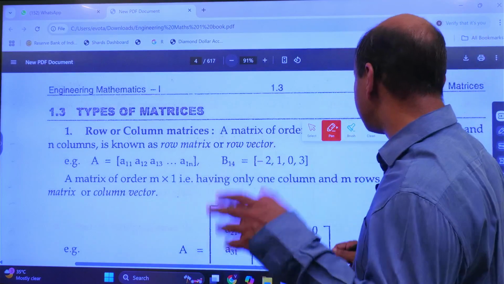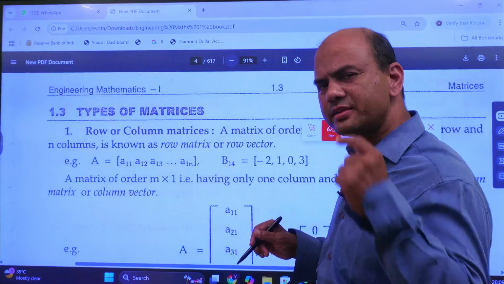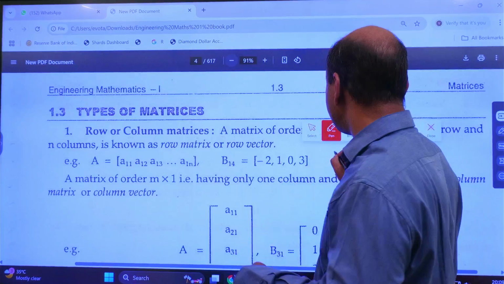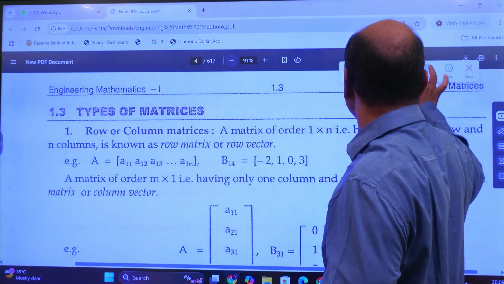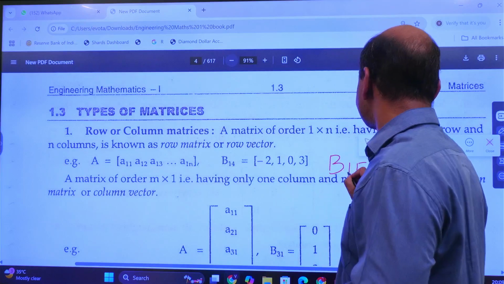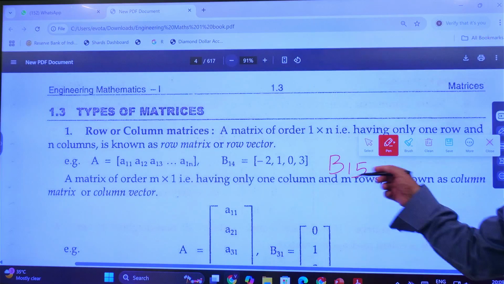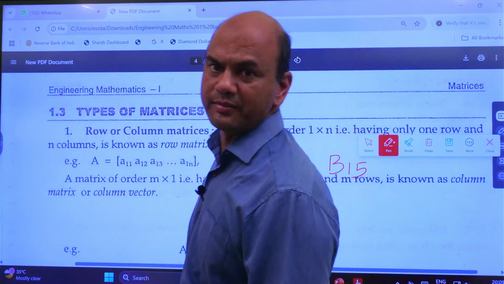So how will I write this row matrix? Suppose I write like this, let's say B. Okay, I write it B15. What can you say? Is this a row matrix or column matrix? B15. You tell me.